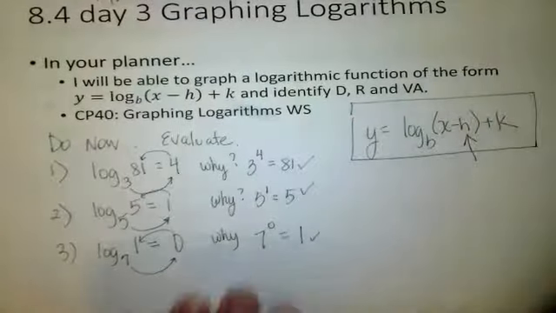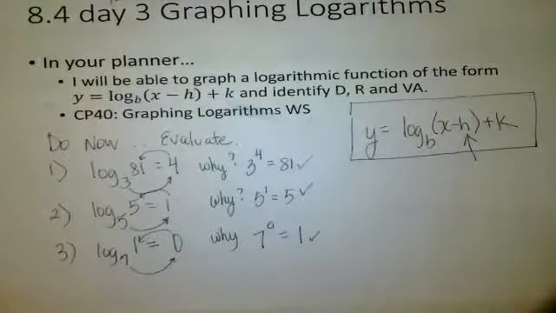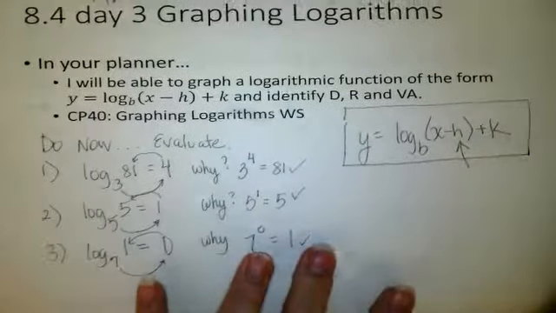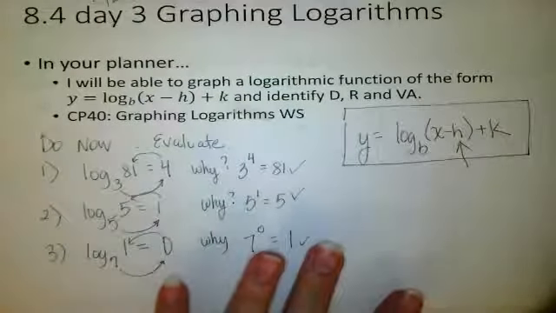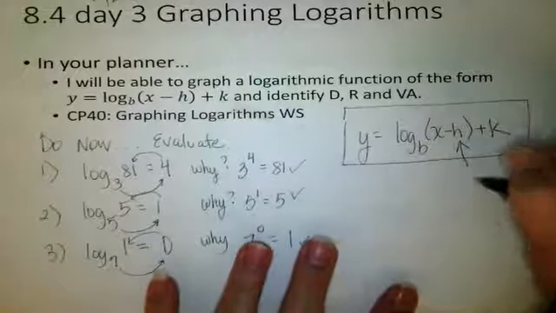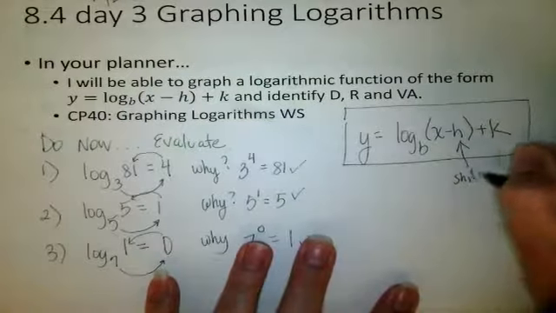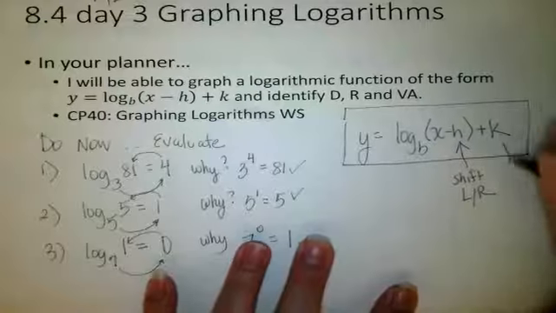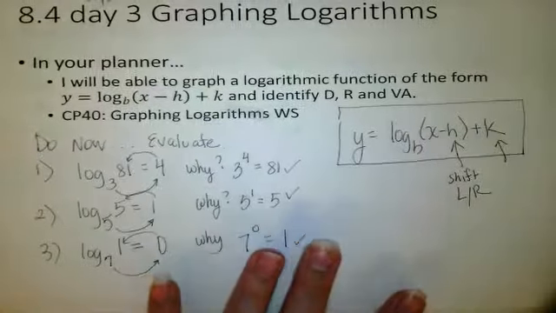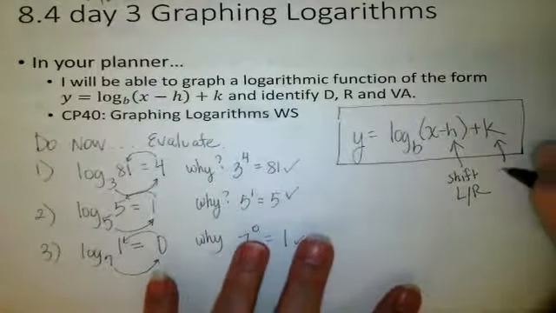What does the h do to our graph? Always, always. It shifts it left to right. Yeah, it's a left and right shift. What does the k do to our curve? Up or down?